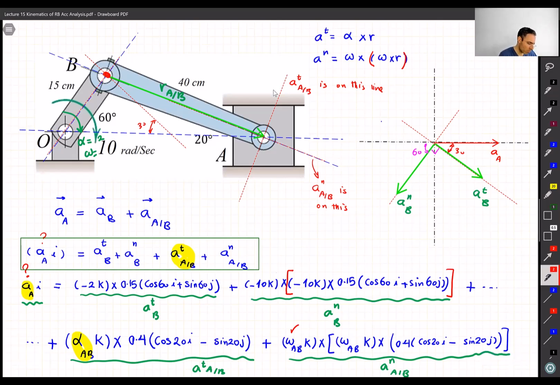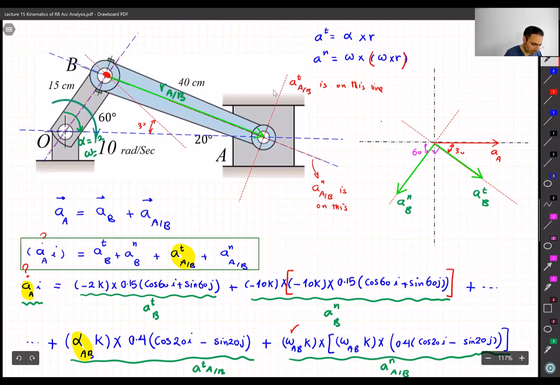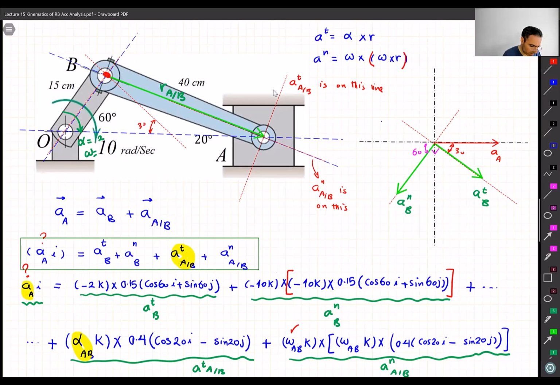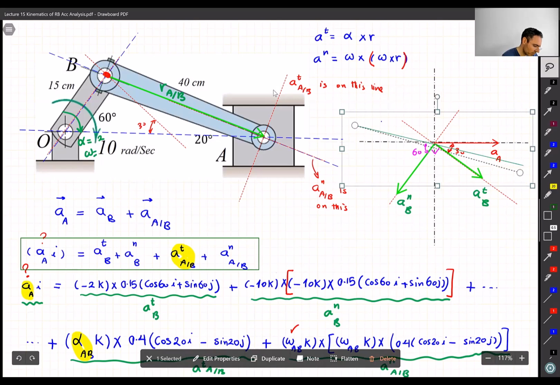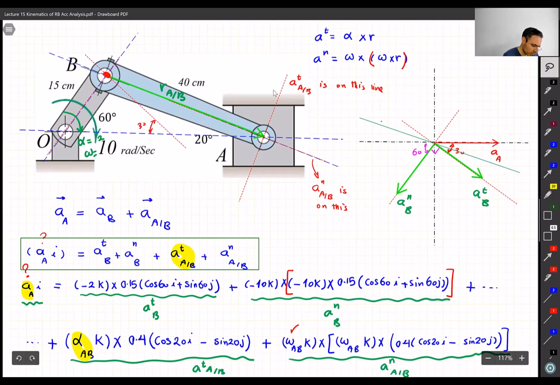All right. So where are those two lines? Let me draw them quickly here. Do I have another color somewhere? Yeah, maybe here. So this is that line. And its angle is 20 degrees.